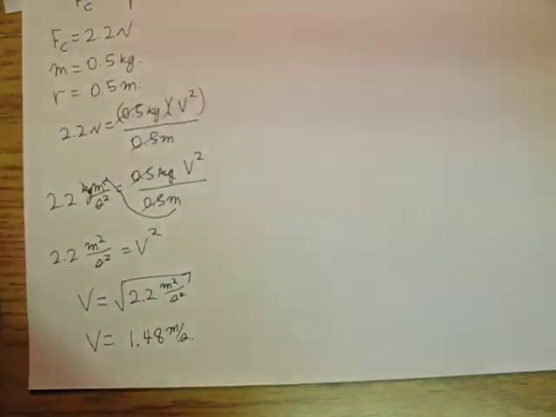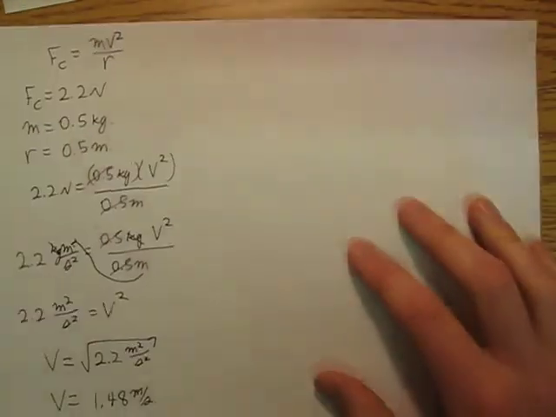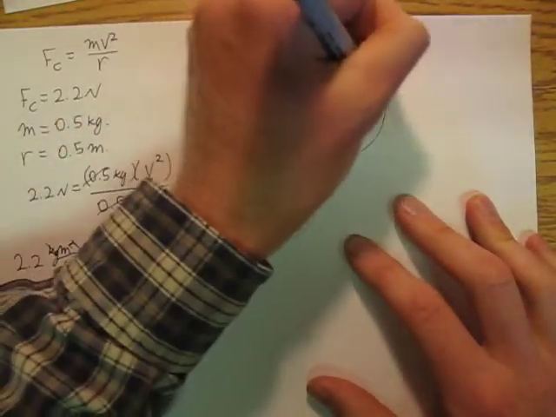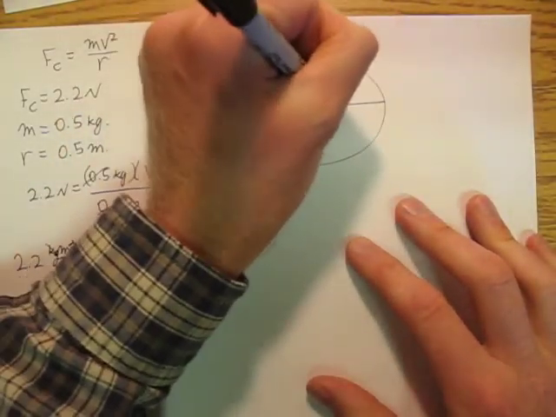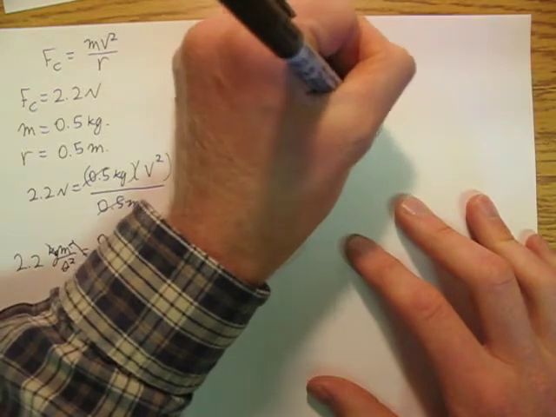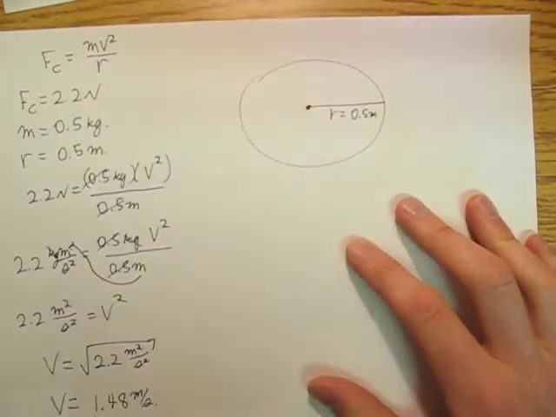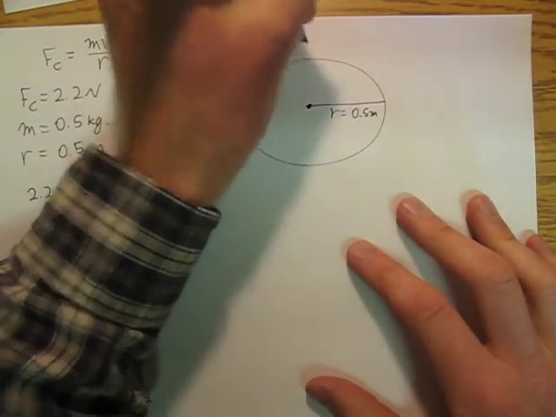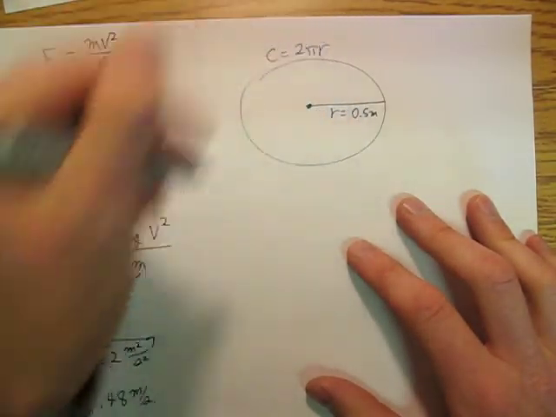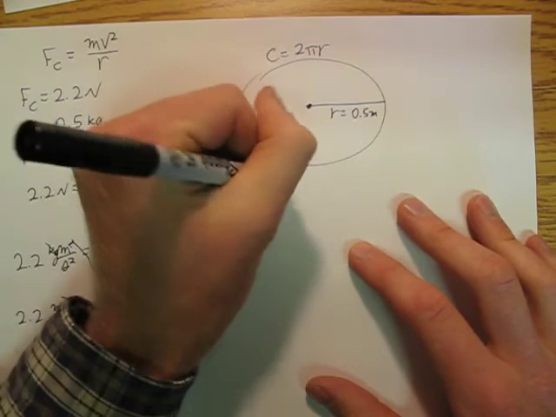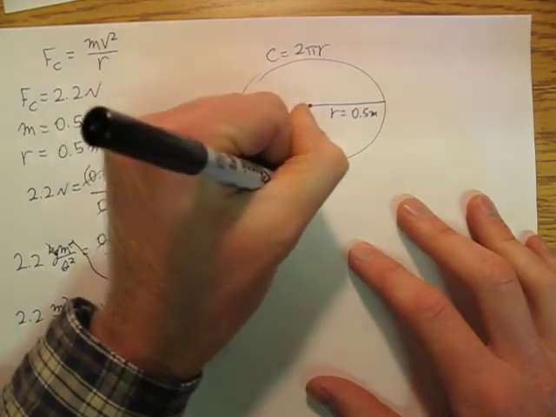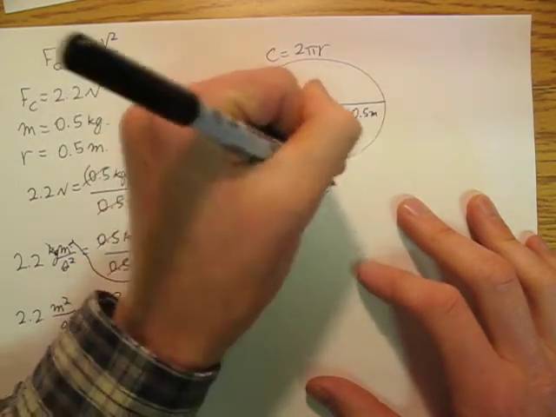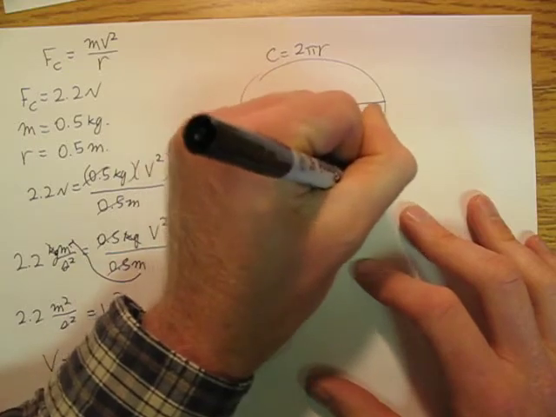Okay. Well, we're going around in a circle that had a radius of 0.5 meters. So that means that the circumference is 2 pi r. So my circumference is going to be 2 times pi times 0.5 meters.